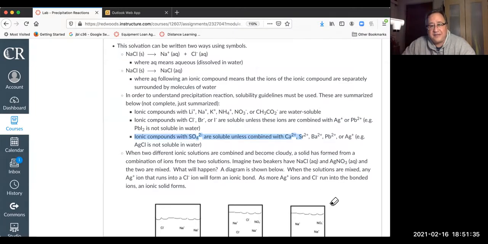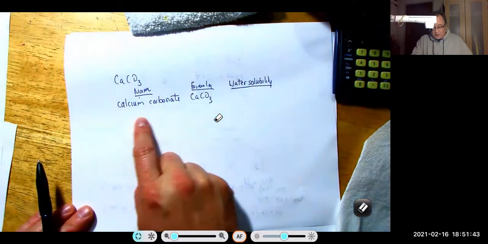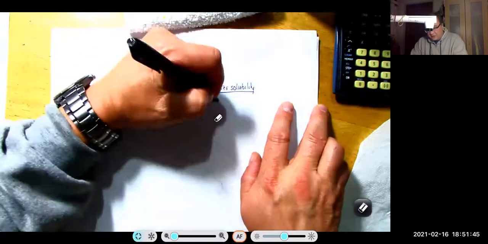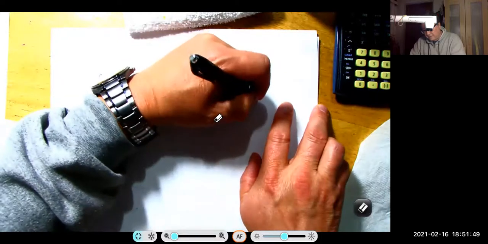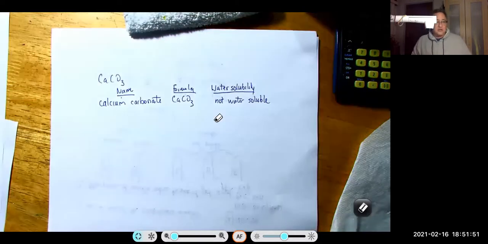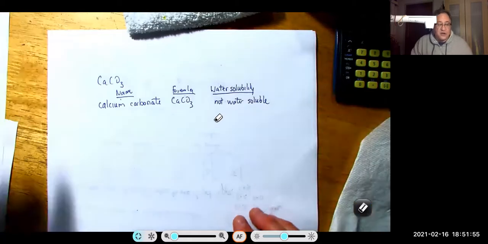So we're going to say, for this guy, name, formula, water solubility, not water soluble. So you're going to do that with all 5 of them. You're going to predict whether or not it should have dissolved or not.